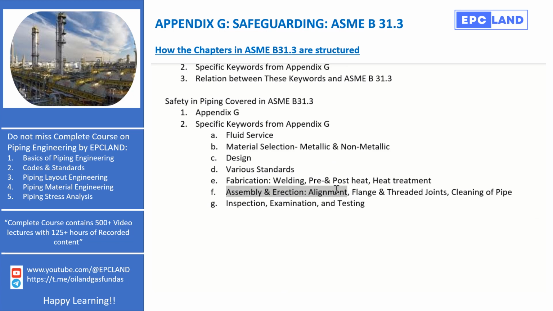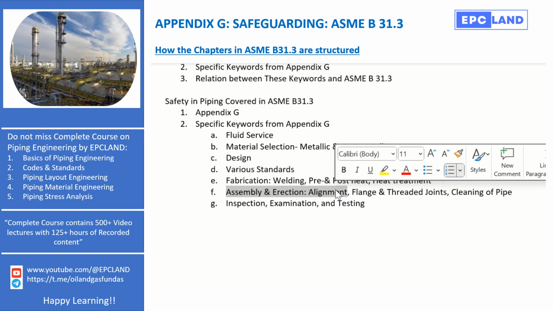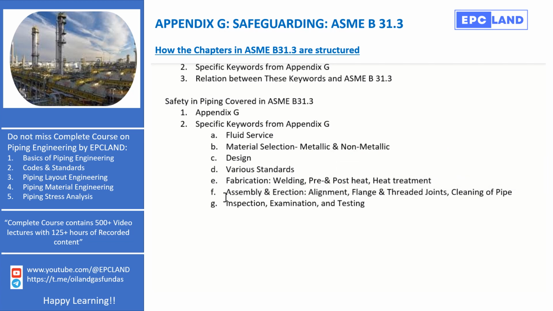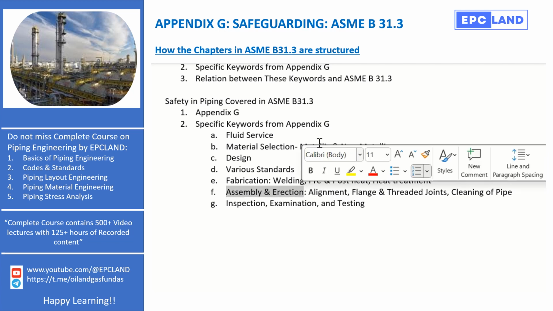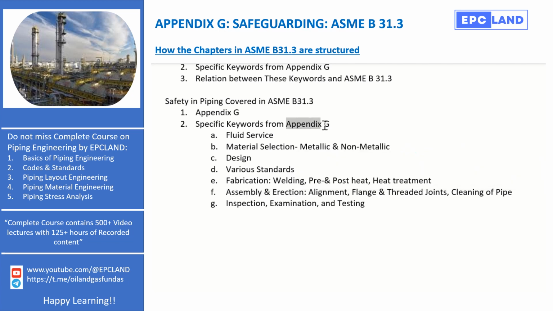safety into the system. So in assembly and erection, again we need to add safety, right? So these are again a few of the keywords. What we are trying to say is how Appendix G is the center point of ASME B31.3. So it is talking about all these safeguards, again inspection, examination and testing.